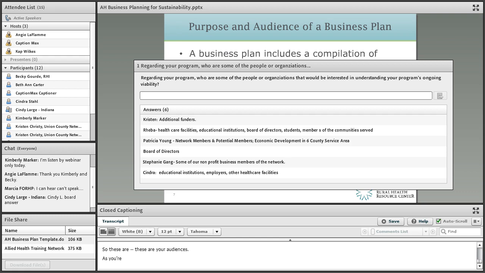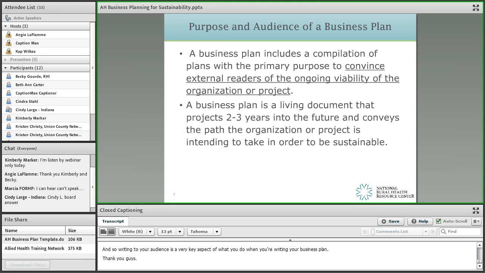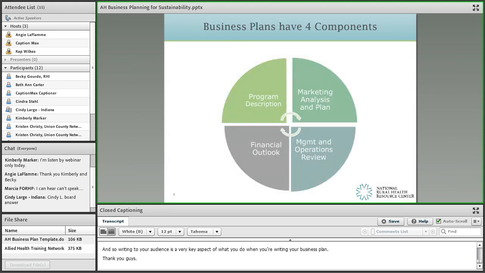So Stephanie has some nonprofit business members. That's correct. And Sindra, educational institutions, employers, and other healthcare facilities. So those organizations might either want to be a new partner, perhaps they are wanting to purchase a service from you. Kristen says, yep, your provider partners and your colleges, and then students do care.